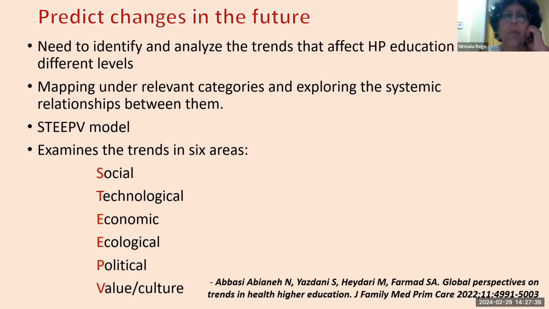They have used this model, which is called the STEEP model. Previously in research, there have been some variations of this model also. There is another one with legal and ethical views. The ultimate aim is to find out what trends will occur in health professions education at different levels, because all these trends are ultimately due to changes occurring in different areas, like the social areas and the technological areas.